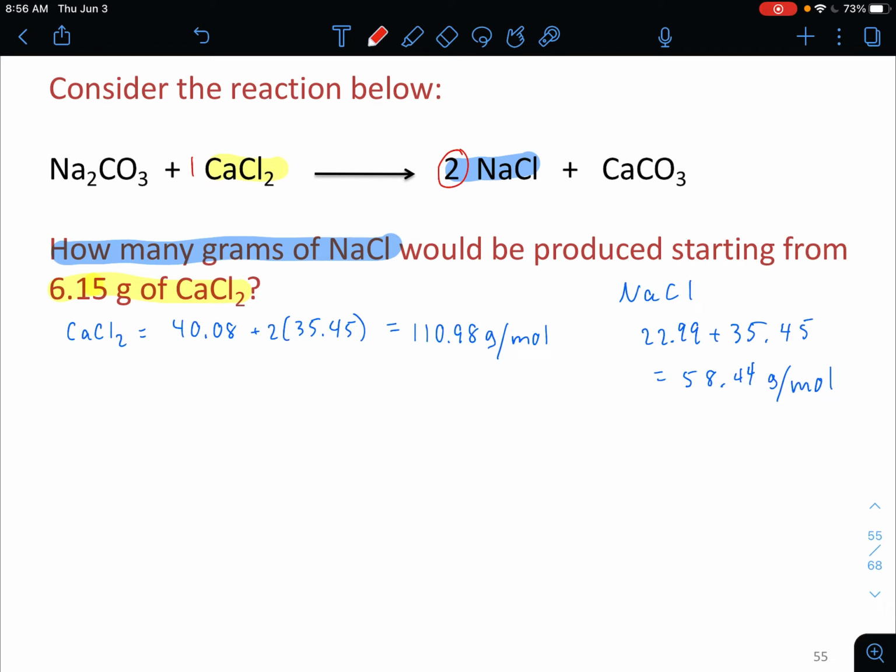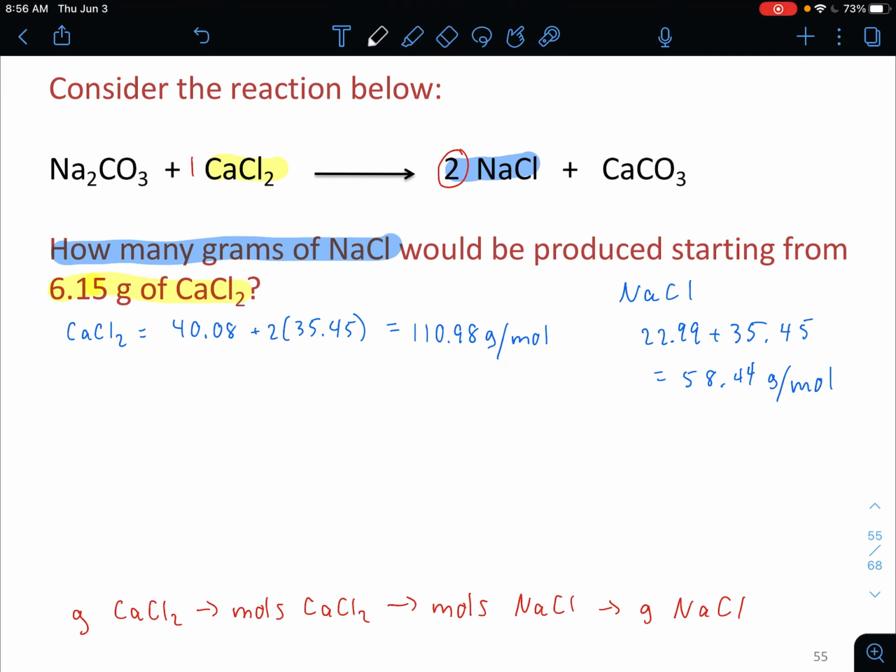And so it's going to be grams of calcium chloride to moles of calcium chloride to moles of sodium chloride to grams of sodium chloride. All right, so we can figure that out.